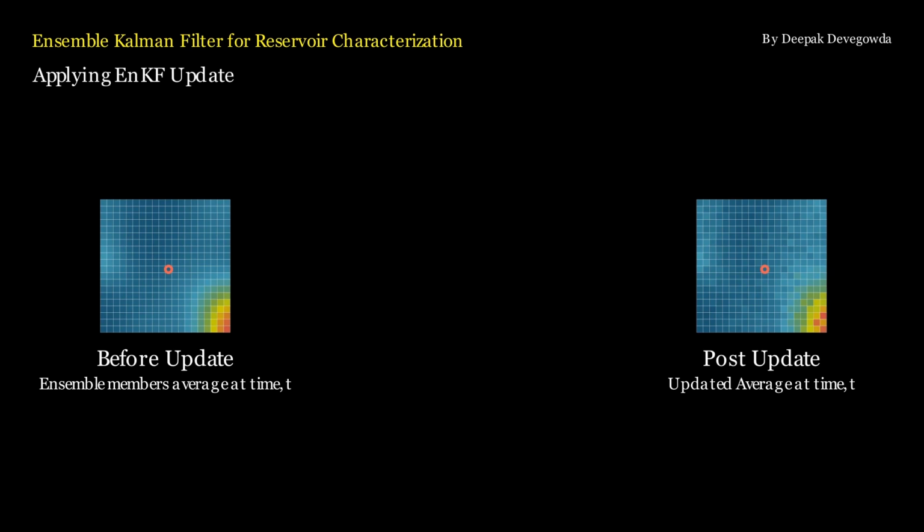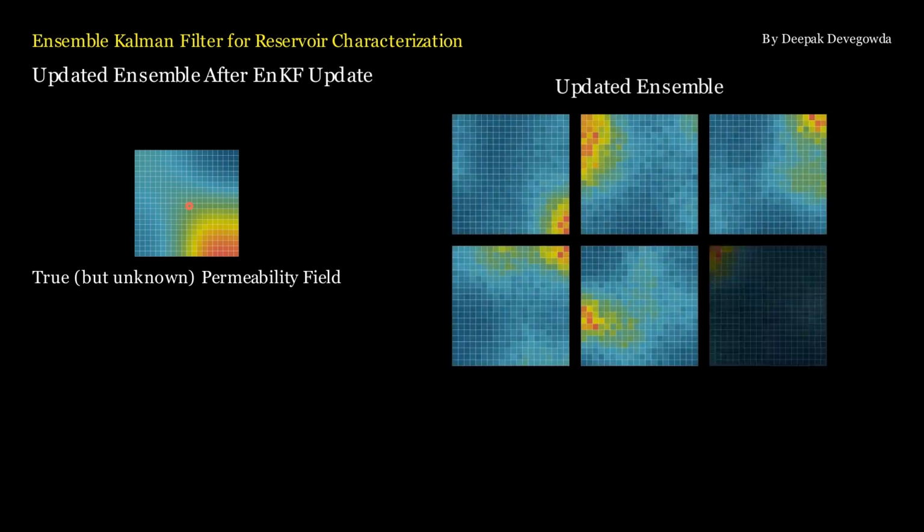So we use this updated average permeability field and conduct a simulation from the time when we stopped till the next observation becomes available. So again, we're trying to reconstruct the true but unknown permeability field.